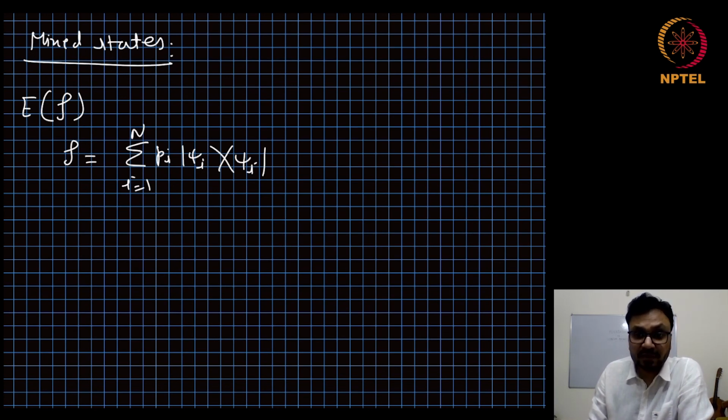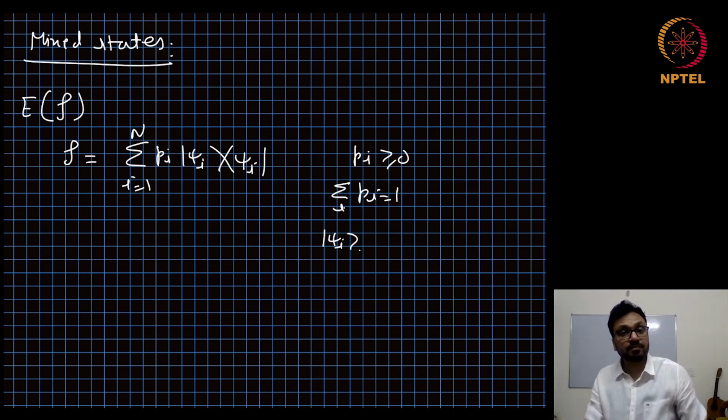So these two together, the probability distribution pi, which is defined as all the elements of this distribution pi should be non-negative numbers, and they should add up to 1. And normalized states psi I, these two together form a preparation scheme for a density matrix rho of an ensemble.